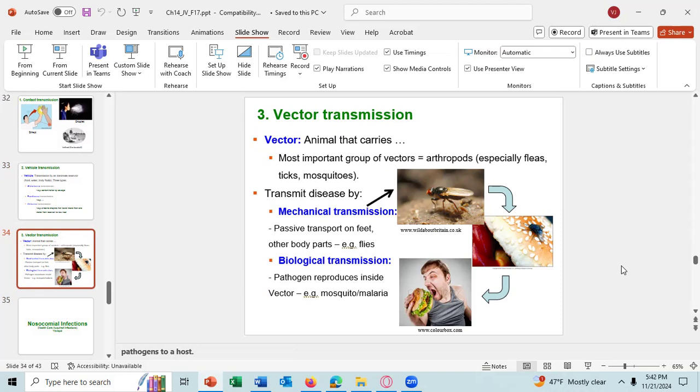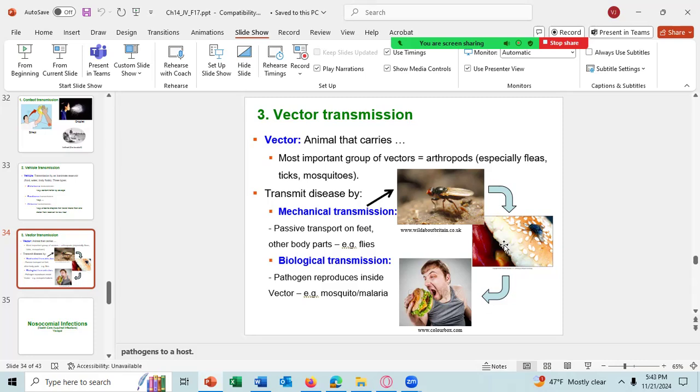However, an animal can transmit the disease passively, such as the fly picking up the disease-carrying organism on its feet here, and then the fly going to the food, transmitting the disease-carrying organism, and then the patient eating the food. Not the fly, just the food that the fly had landed on.